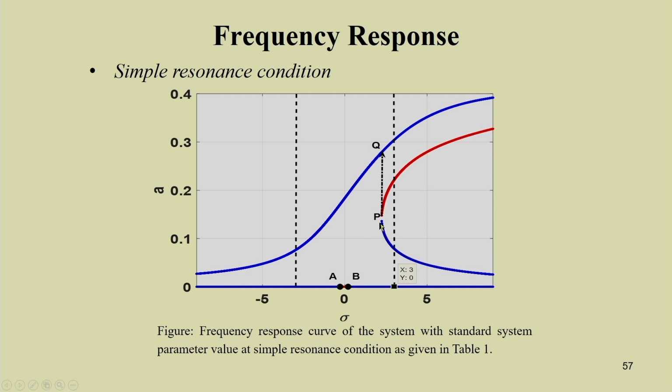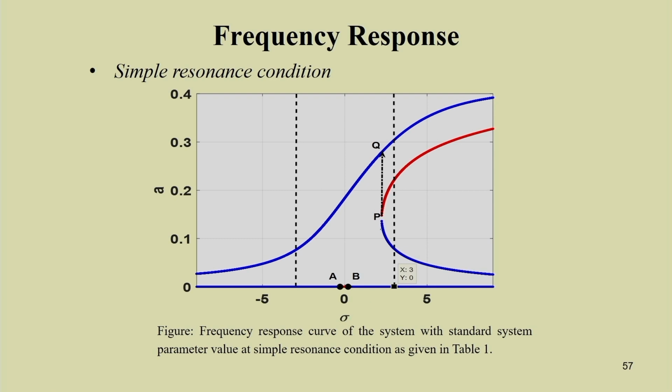Here at point P you have a saddle node bifurcation, because at the tangent, you just see the tangent is the same, and this is a saddle node bifurcation. From a stable branch it is going to an unstable branch. So, if you lower the frequency, that is sigma, the detuning parameter.